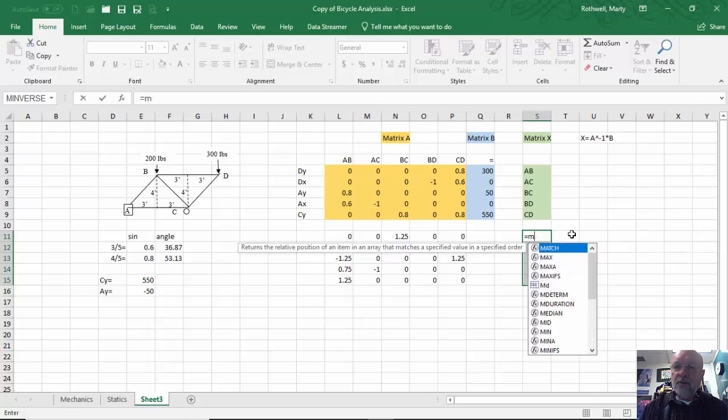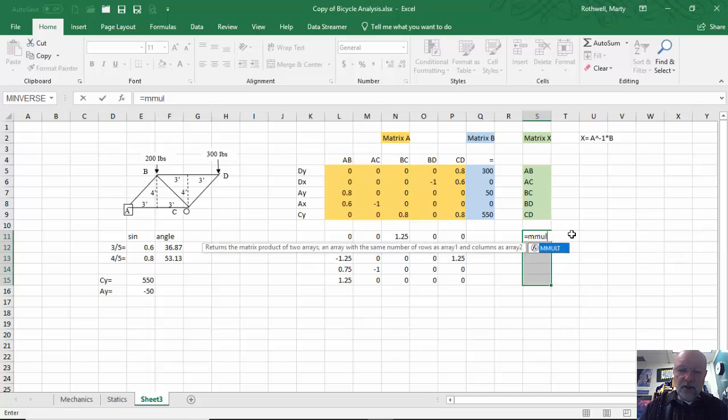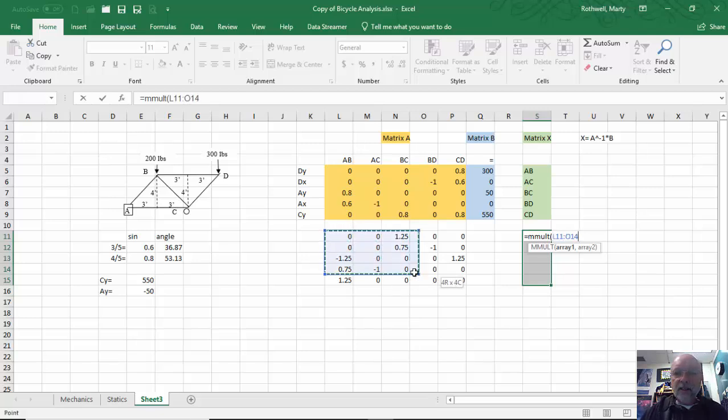Open brackets, and first highlight this, my inverse A. Hit comma, and then come up here and highlight this.